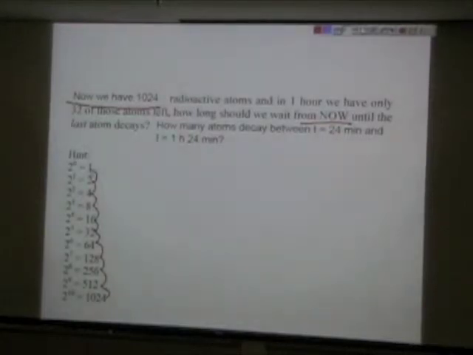In 10 half-lives, you have left 1 atom, but you still have 1 radioactive element. So you have to wait 1 more until that last element decays. And now you have nothing left. If you would try to set it up mathematically, first of all, a common mistake is writing 0 equals this times this.